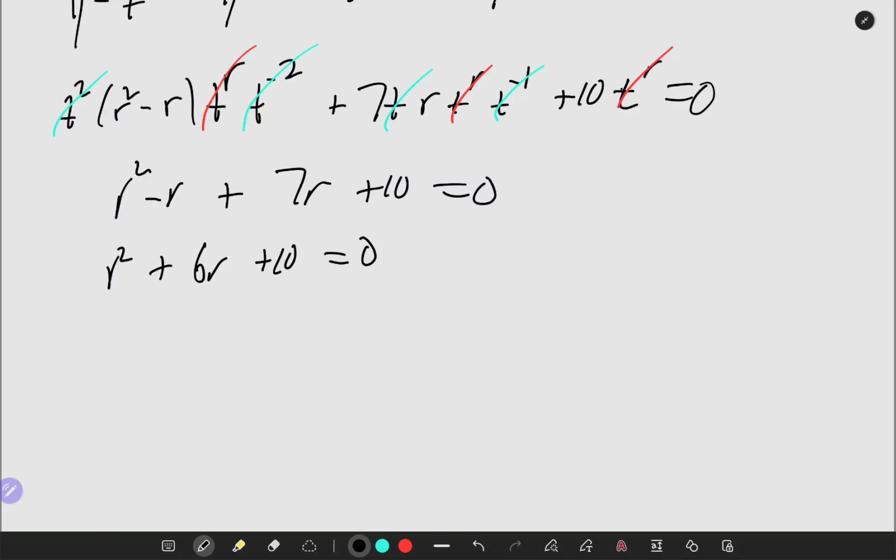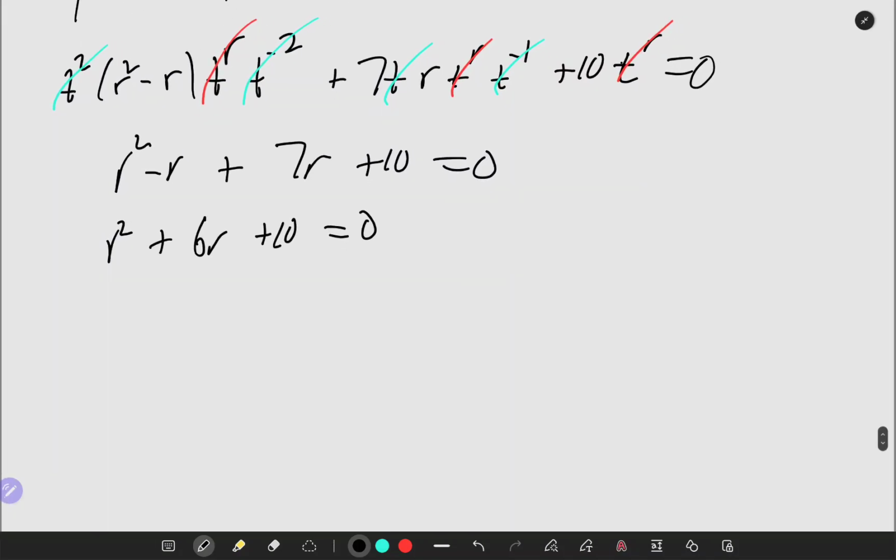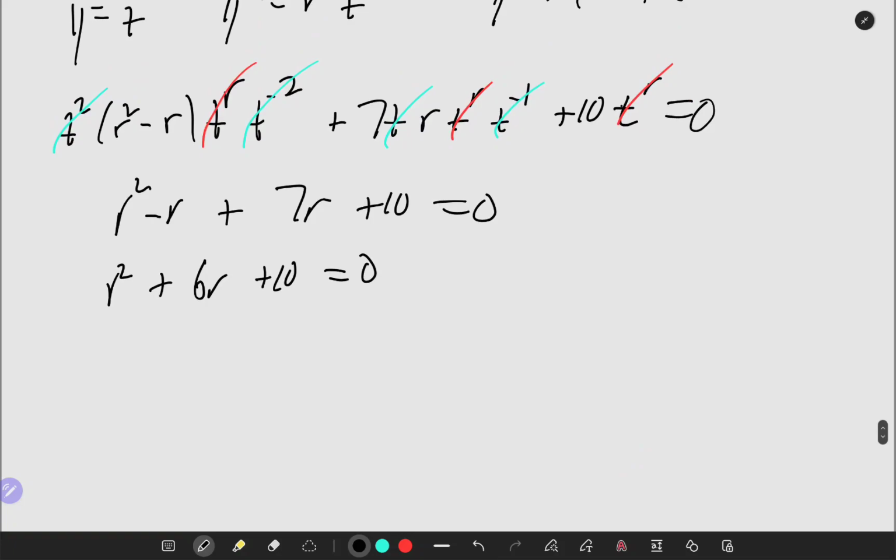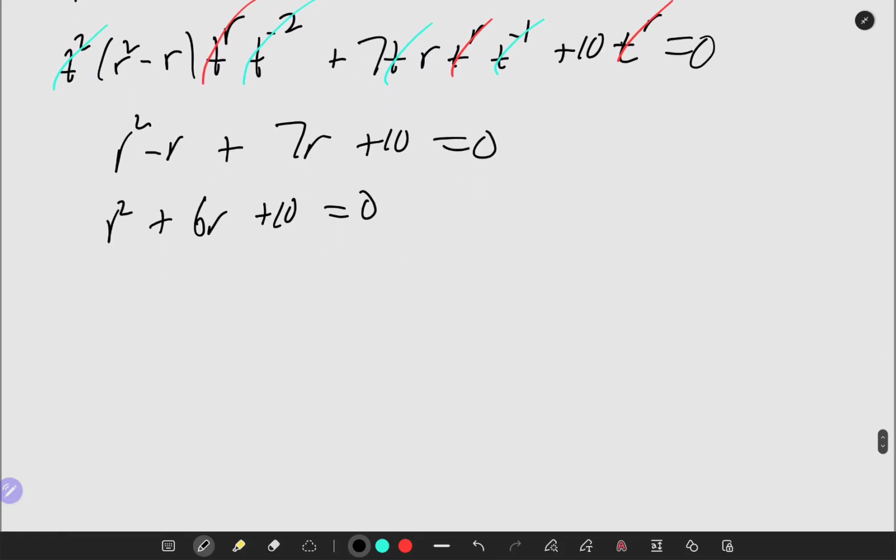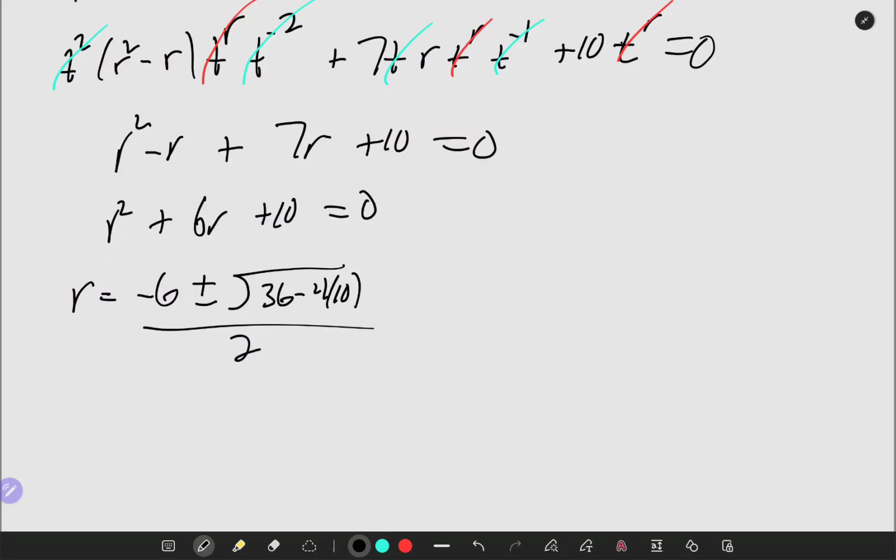You can either complete the square or do quadratic formula, right? So let's do quadratic formula. R is equal to -6 plus or minus the square root of 6 squared is 36 minus 4 times 10 over 2.